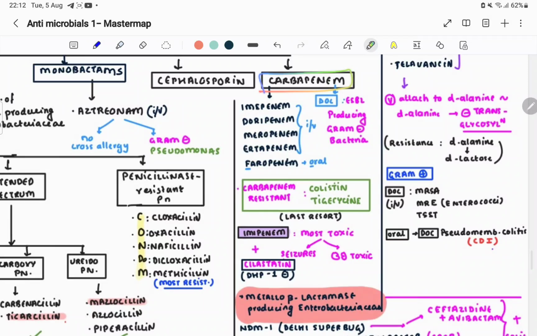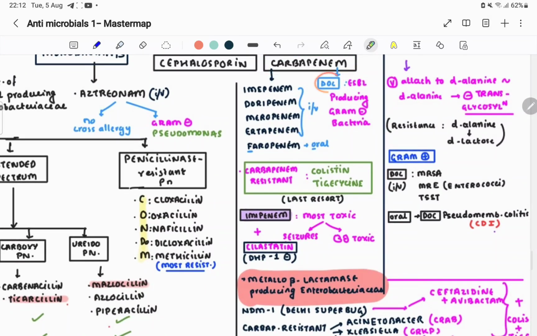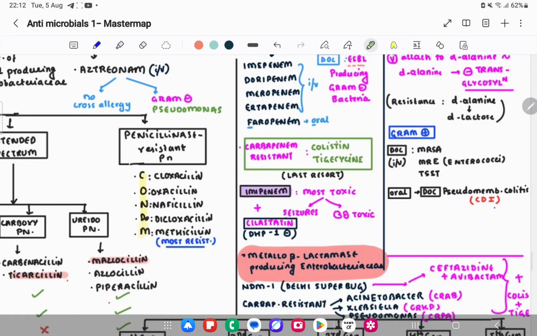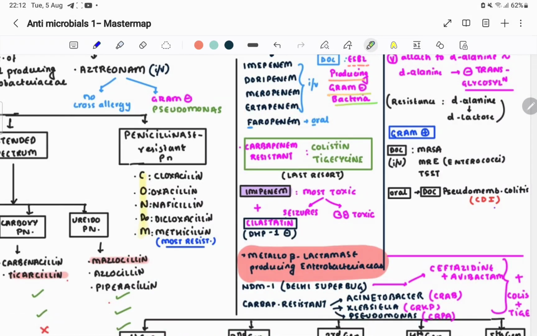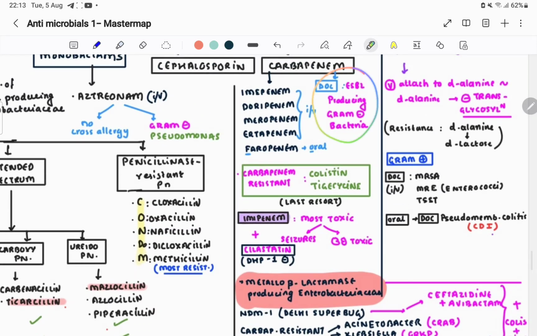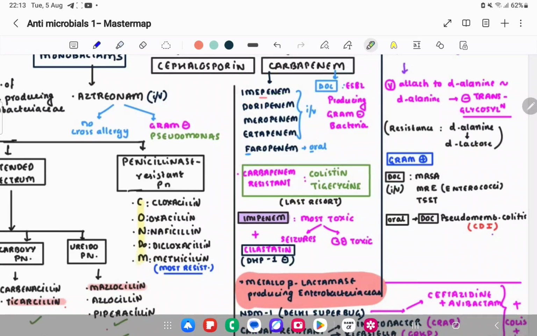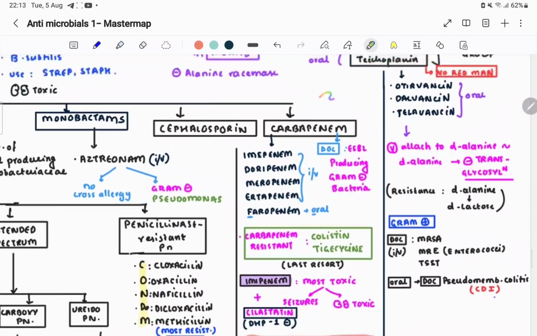Let's talk about carbapenem. Carbapenem is a drug of choice in ESBL producing gram negative bacteria. ESBL producing, that is extended spectrum beta lactamase producing gram negative bacteria. So it is a drug of choice. You will always find penem, carbapenem, right?